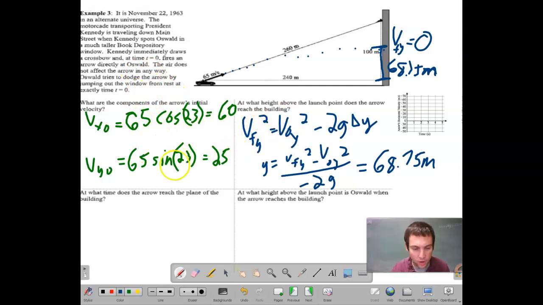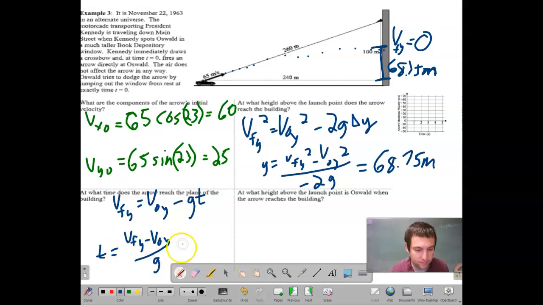All right, at what time does the arrow reach the plane of the building? Well, we have all of this y stuff. Let's keep it going in y. Do we have enough information for the good old v as a function of t? We do. We need time. So if we solve for time, we have vf y minus v naught y all over g. 0 minus 25, all over negative g, because that's minus g.